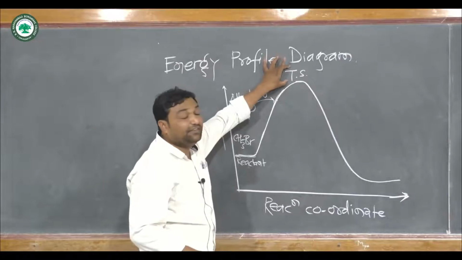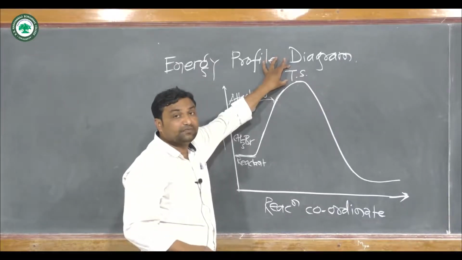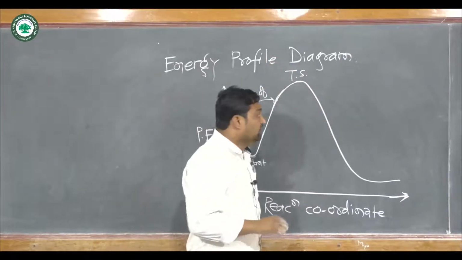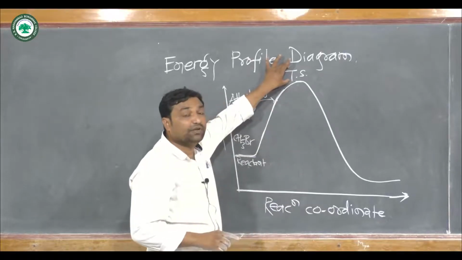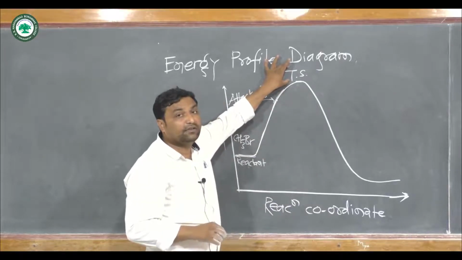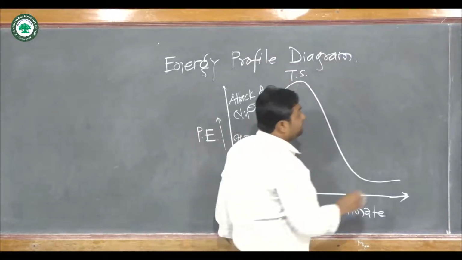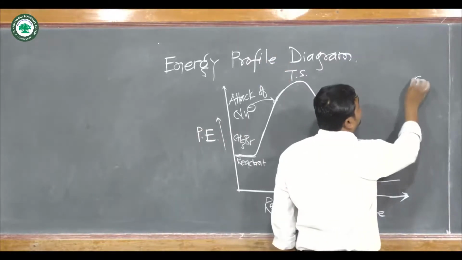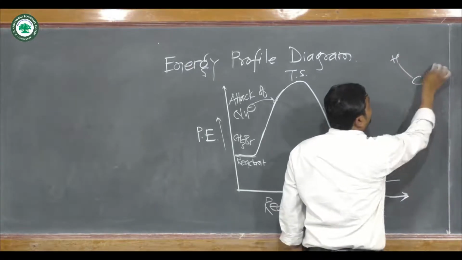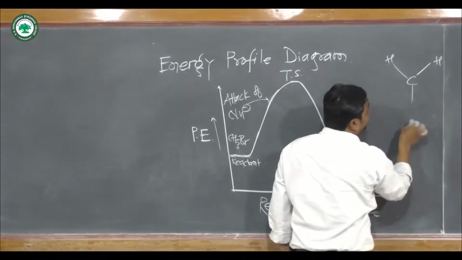At that transition state, the intermediate which we obtain has the valency of carbon atom as 5, and the intermediate at this transition state is like this.